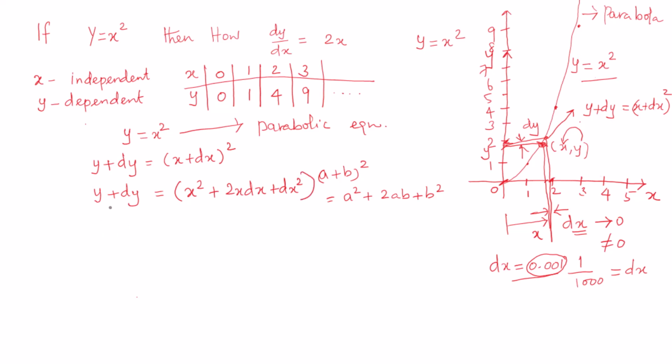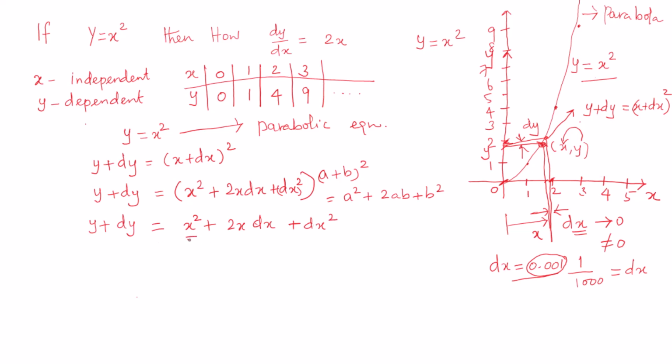So y plus dy will be equal to x square plus 2x dx plus dx square.